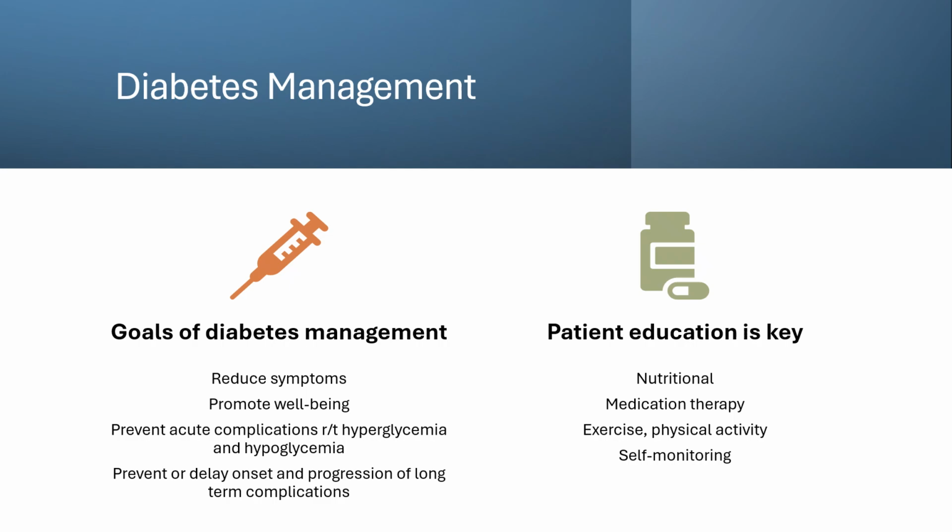It is absolutely key. So, nutrition wise, again, maybe consulting a dietitian to help a patient to pick better foods. How can they incorporate some of the healthier foods into their lives? Medication therapy, if that is in fact something that they have to do, what patient education would we need to provide?